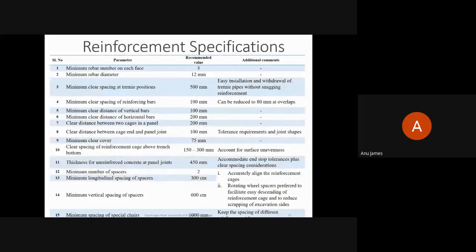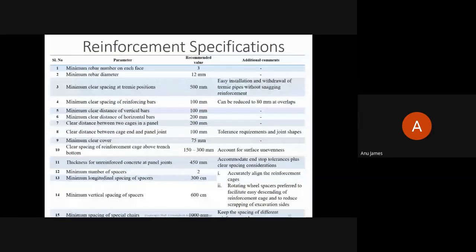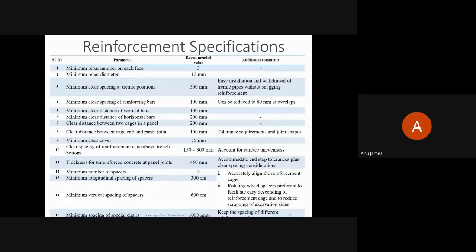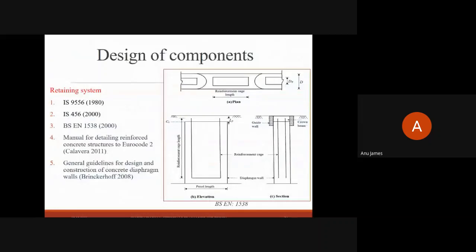These are certain reinforcement specifications assimilated from the above mentioned standards, such as minimum rebar numbers on each face, minimum diameter of the reinforcement bars, minimum clear spacing at different tremie positions when we provide the bentonite slurry, clear distances between adjacent reinforcement cages and between the reinforcement cage and the panel joint, thickness of the reinforced concrete at panel joints, etc. These are obtained basically from the third, fourth, and fifth standards.